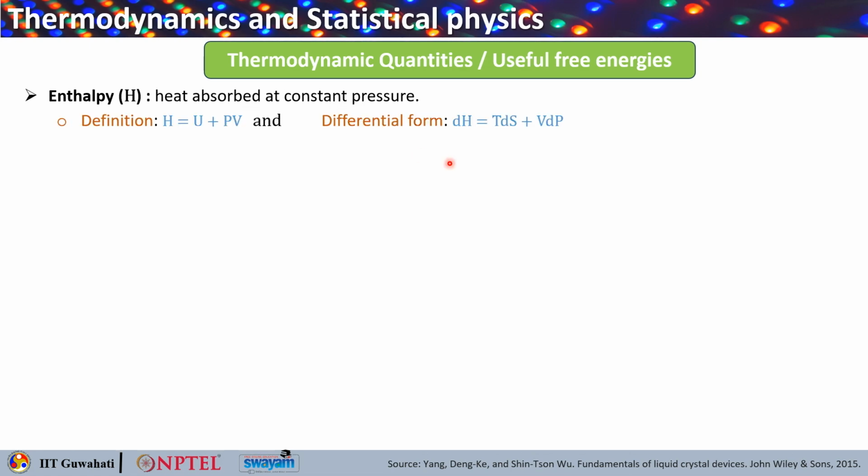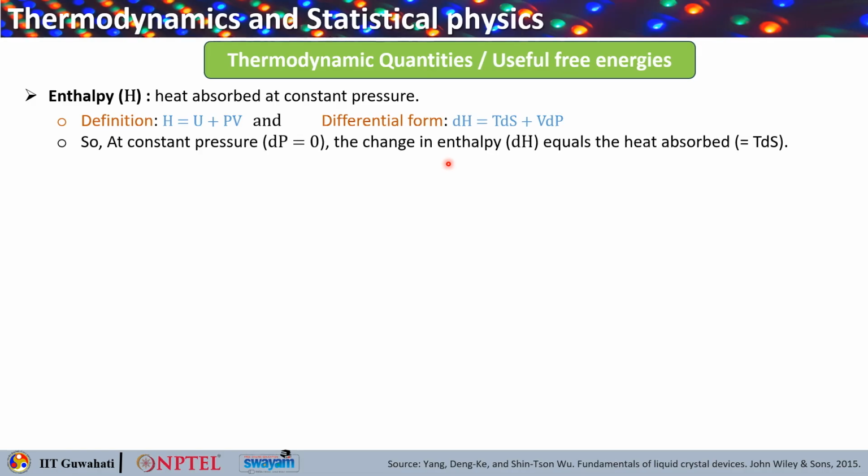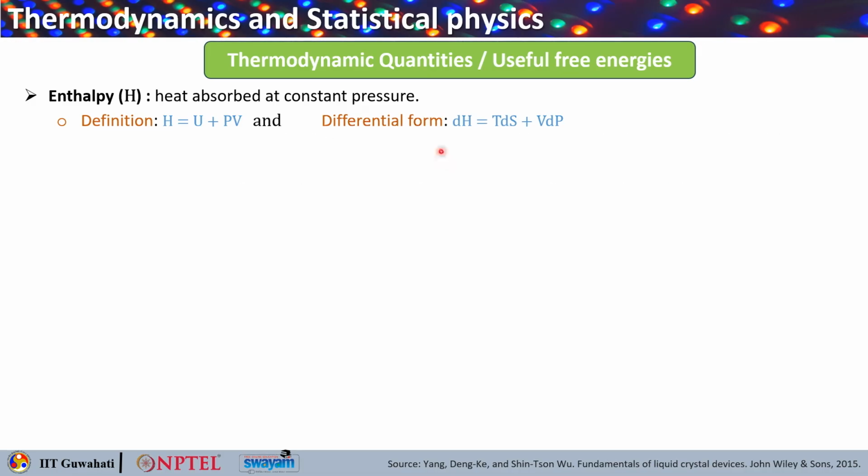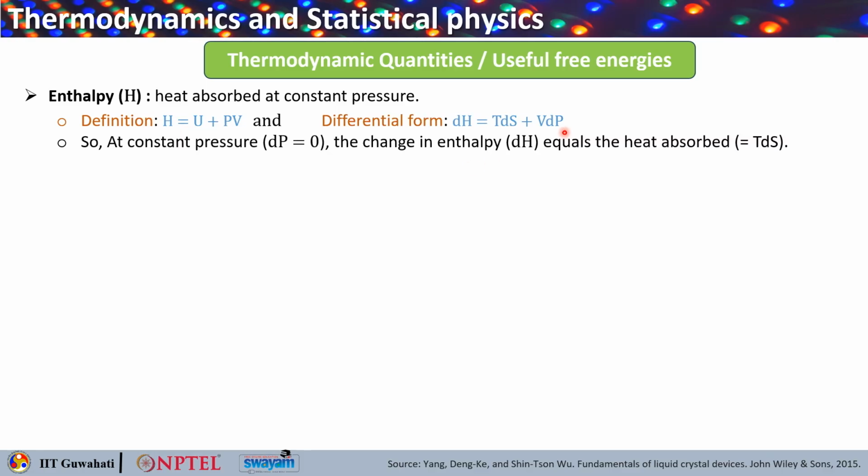Enthalpy H can be defined as H equals U plus PV, and if you try to write in the differential form, this is dH equals TdS plus V dP. So, at a constant pressure, that means dP is 0, you have the change in enthalpy to be simply equal to TdS, that is equal to the heat absorbed.